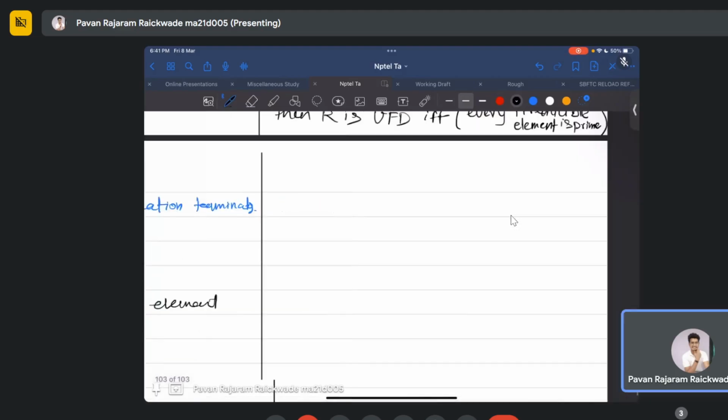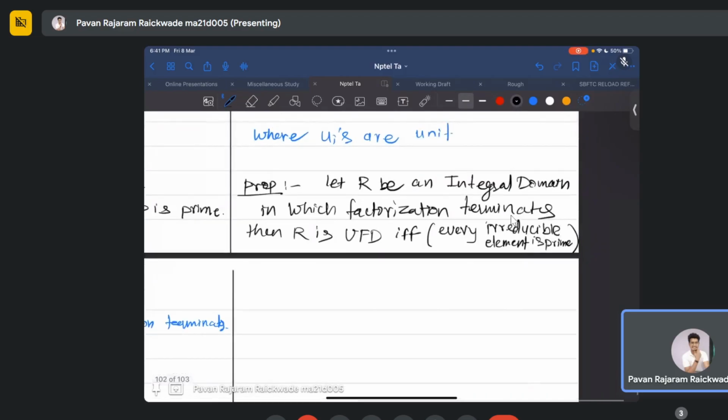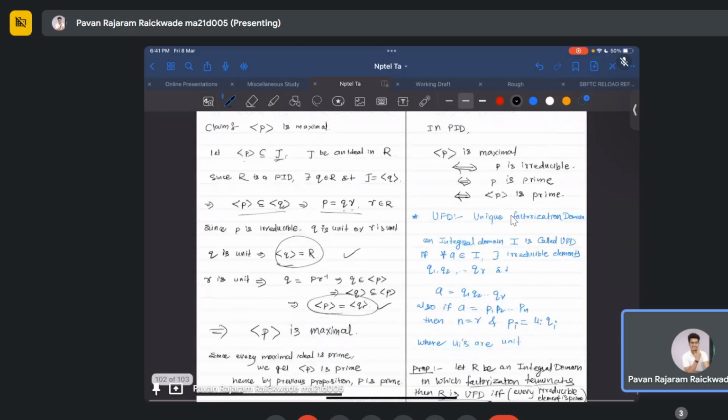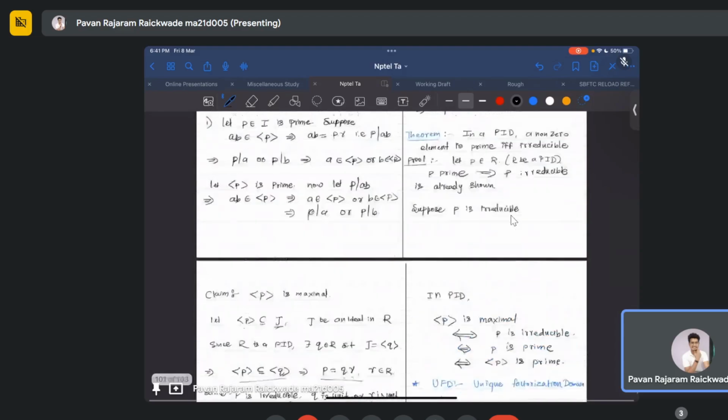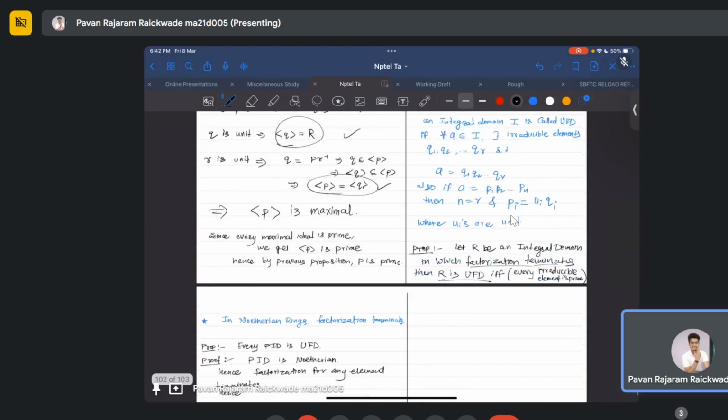Now, if you observe this proposition, if in an integral domain factorization terminates, then it is a UFD if and only if every irreducible element is prime. But we have just shown that in a principal ideal domain every irreducible element is prime, non-zero, of course.